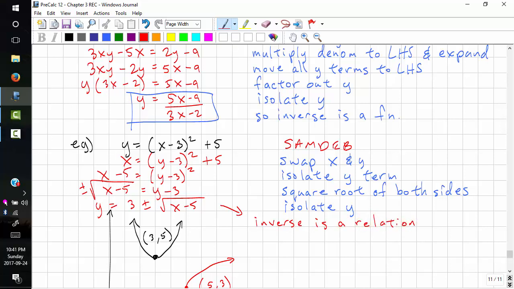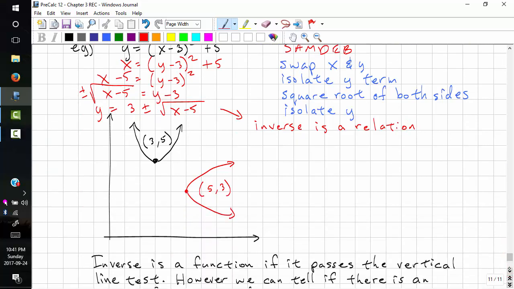So let's see this with a plot. This really could be moved out here, and that would be our vertex, 5, 3. So we have 5, 3, and it's a square root, and we have minus a square root. You've been told to use the vertical line test to see if a relation is a relation or a function.